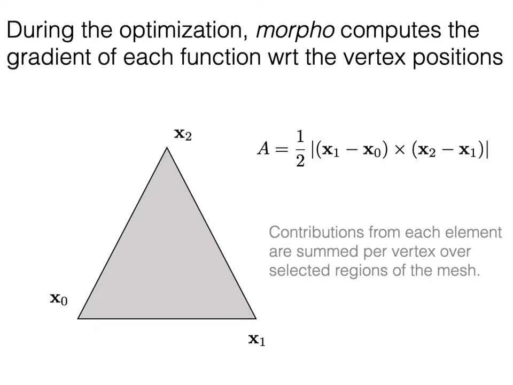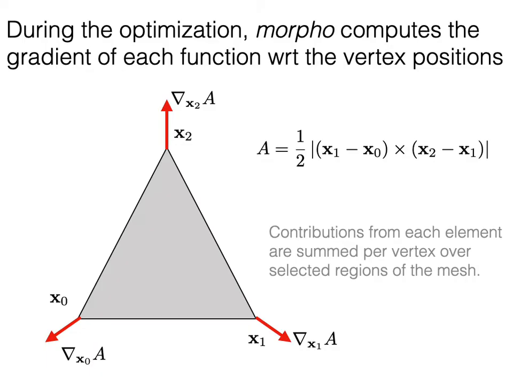So to give you a sense of what it means to compute the gradient of the functional with respect to the vertex positions, let's have a look at a single triangle. Here's the area function. We can calculate that from the cross product of 2 sides. If we compute the gradient of the area with respect to each of the 3 vertices, we can see that the gradients themselves lie along the perpendicular bisectors at each vertex.